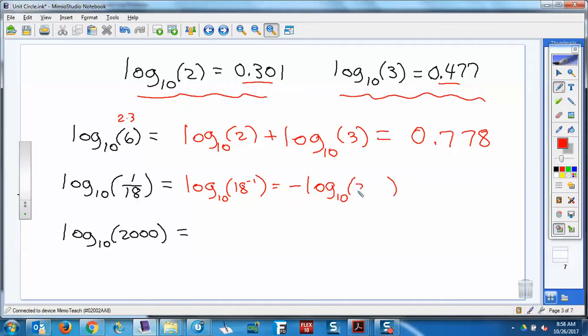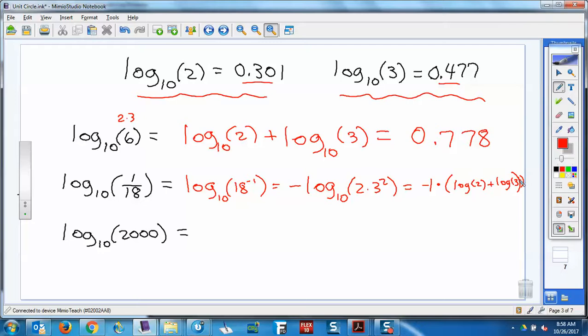Now that 18, we can go 2 times 3 squared, like that, right? Which we can then split up into addition. Now this negative 1 is going to have to stay out in front of that, so we're going to have negative 1 times, and then we can turn it into this addition. So now that would be log 2, and then log 3 squared.